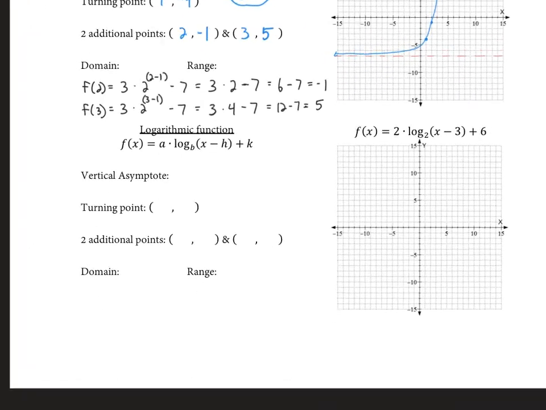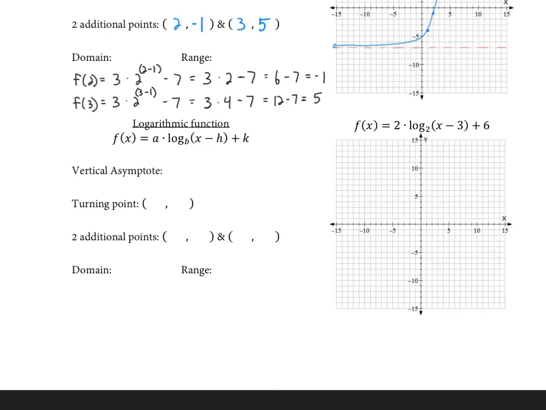Okay, last one, log function. Okay, so for this one, h is 3 and k is 6, and we'll need b, the base. Base for this one is 2. Okay, vertical asymptote is always x equals h, so this will be x equals 3. Okay, turning point, and I kept making that mistake. Turning point's h plus 1 comma k.